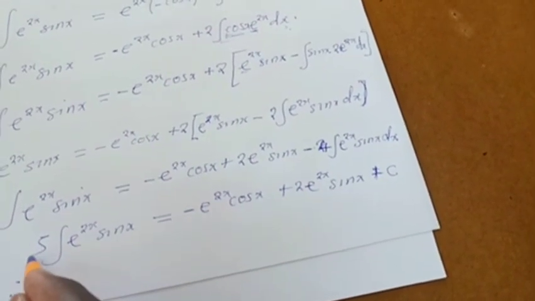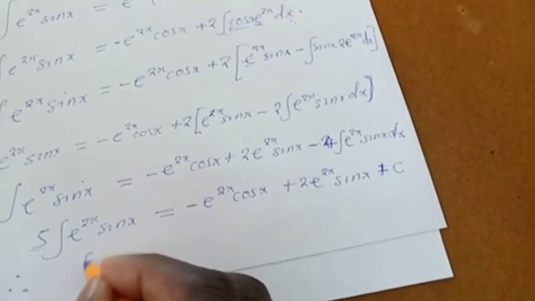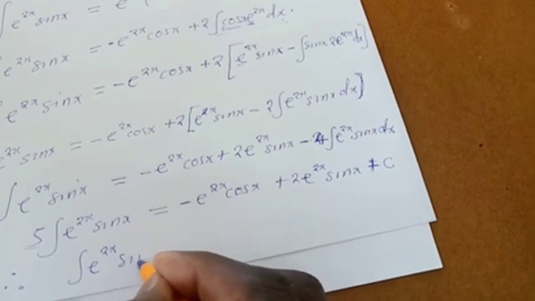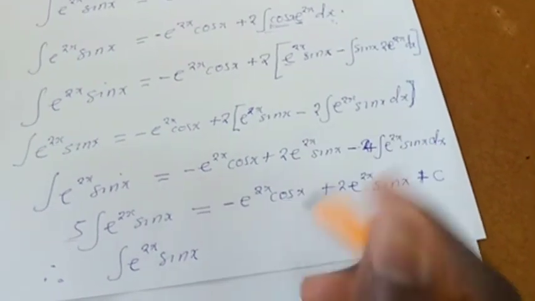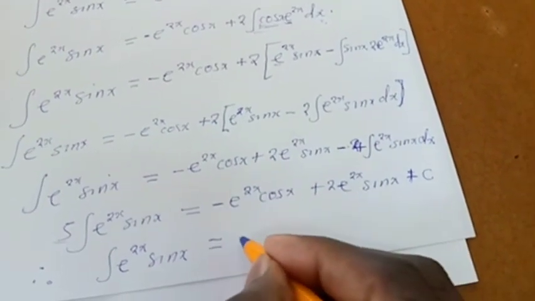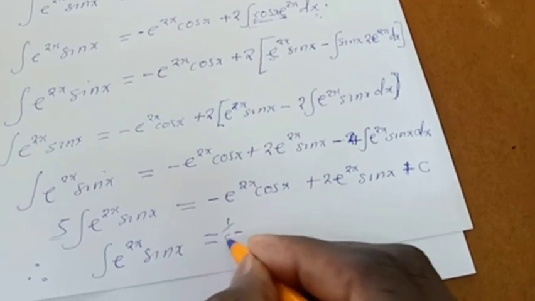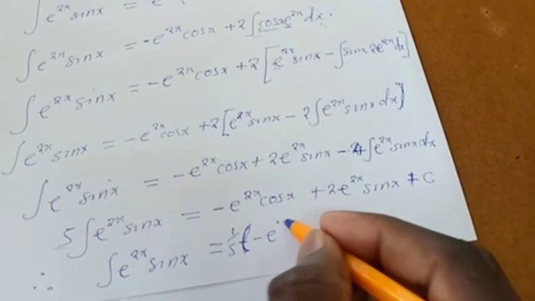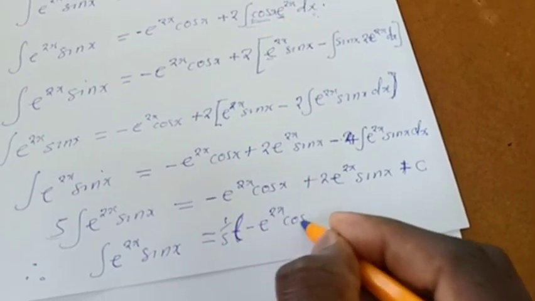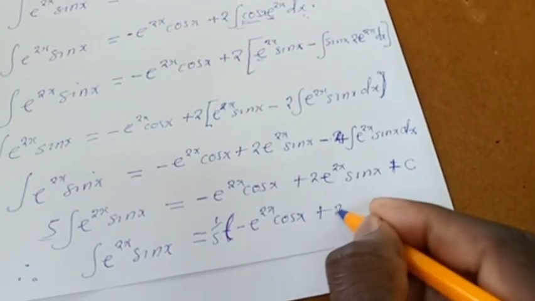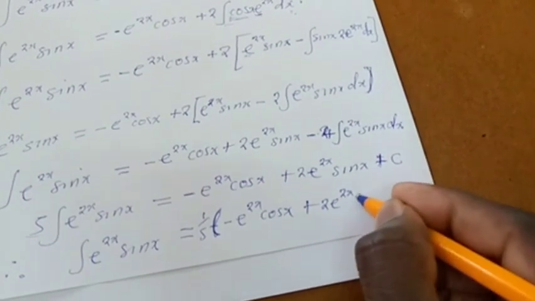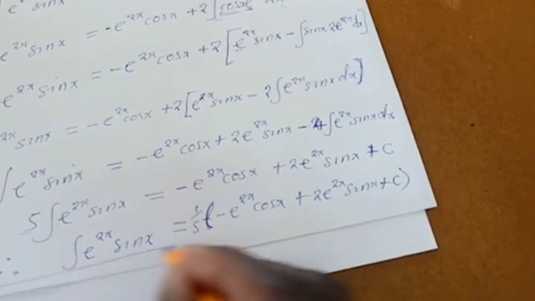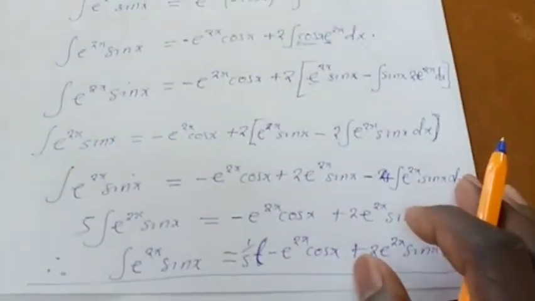Therefore, here you divide throughout by 5 so that the integral of e to x sin x can give us 1 over 5, open bracket, negative e to x cos x plus 2e to x sin x, plus c. This qualifies to be our answer.